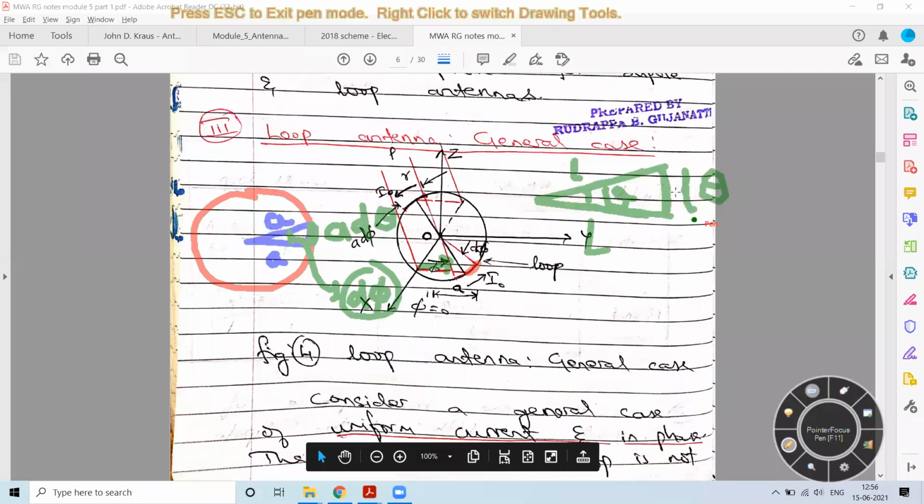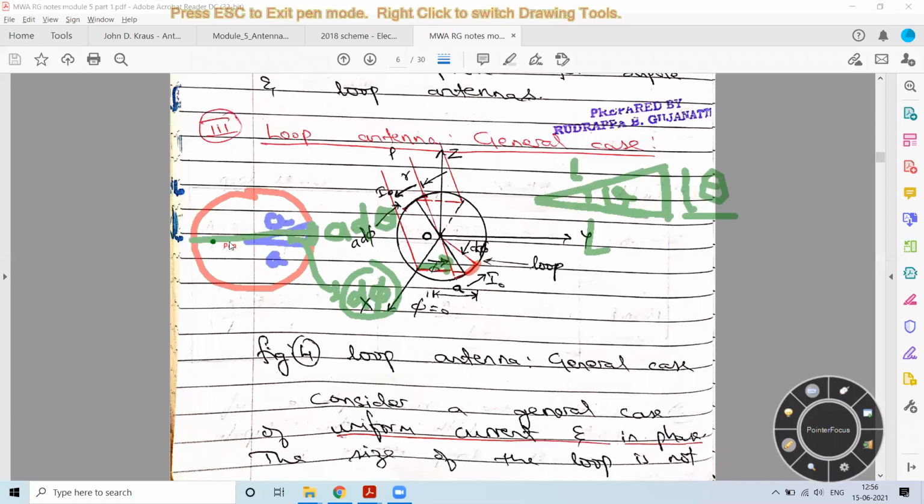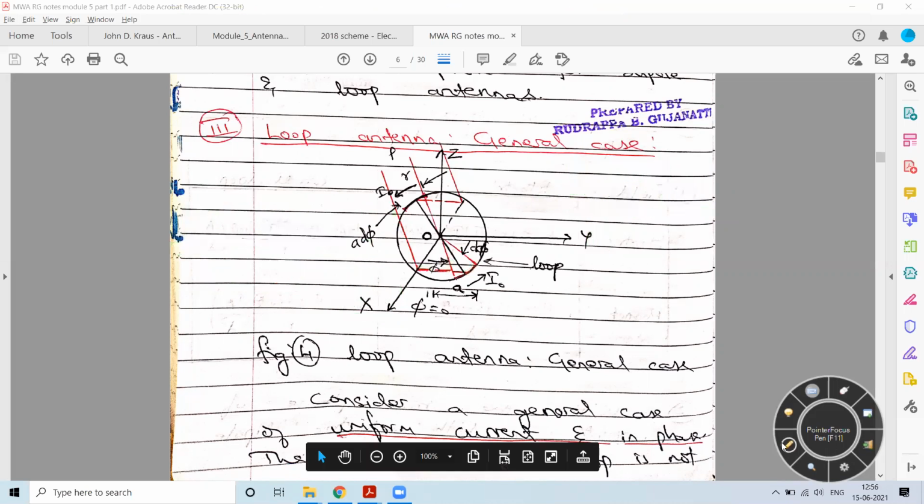So the length of this one is given by L into theta. We consider this and try to do the analysis. We consider one side of this and the opposite side of the same, which is also having A into d phi. So considering these two elements, we make the analysis.